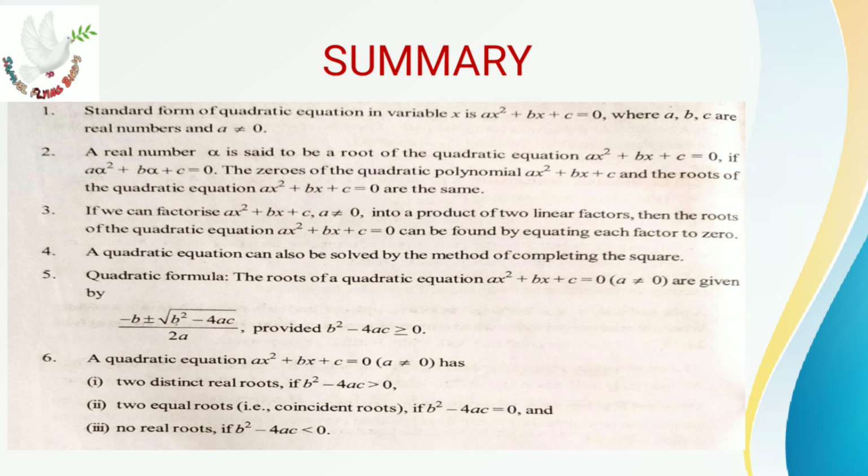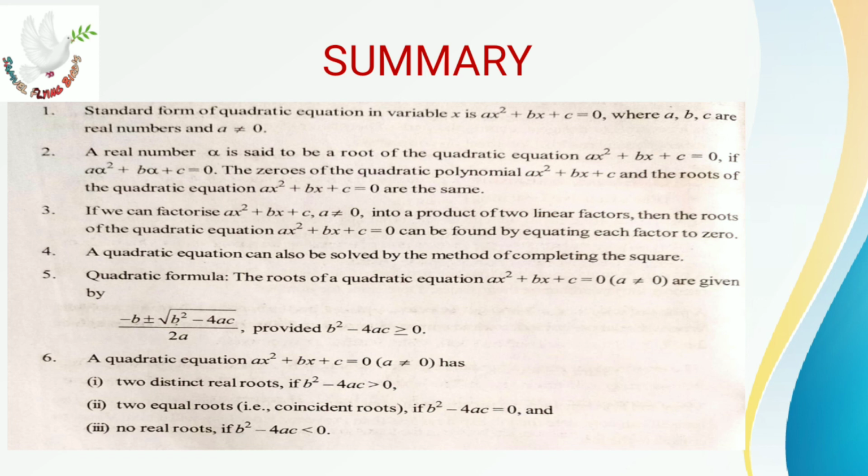In the third case, if we can factorize ax square plus bx plus c, where a is not equal to 0, into a product of two linear factors, then the roots of the quadratic equation can be found by equating each factor to 0.